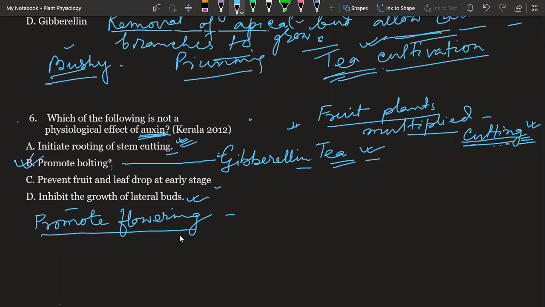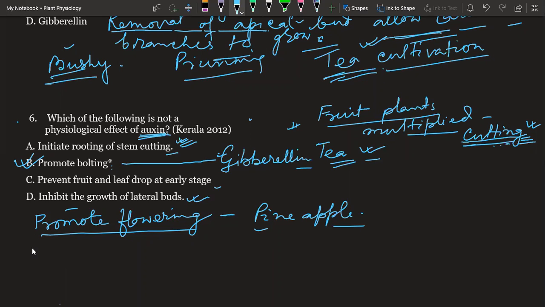If auxin is sprayed on plants, the plant will start flowering. Not in all; this is practiced a lot in case of pineapple. It promotes flowering in pineapple.